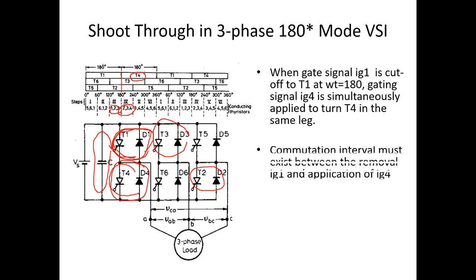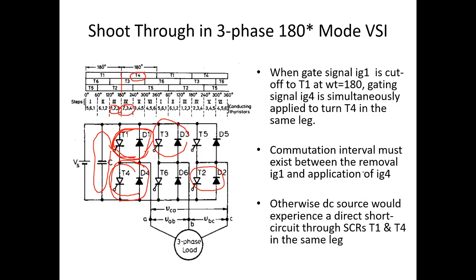There should be some commutation interval between removal of the gate pulse of T1 and application of the gate pulse of T4. Once the switch is turned off completely, only then should you turn on the other switch. Otherwise, the shoot through problem will damage the circuit components. This is one of the major problems with the 3-phase 180 degrees mode voltage source inverter.